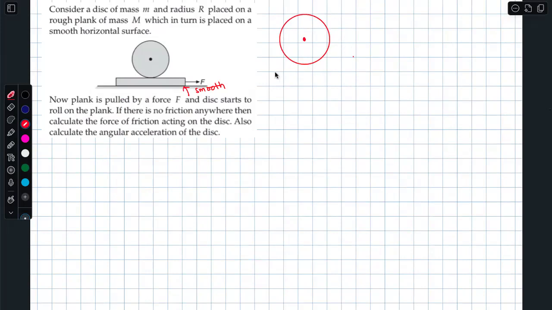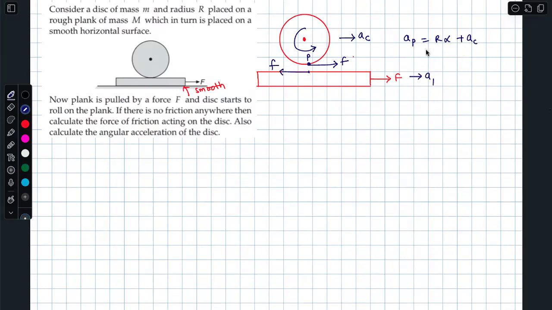Now the question is, F. AC. A1. And this is point P. The acceleration of point P is R alpha plus AC. Yes or no?